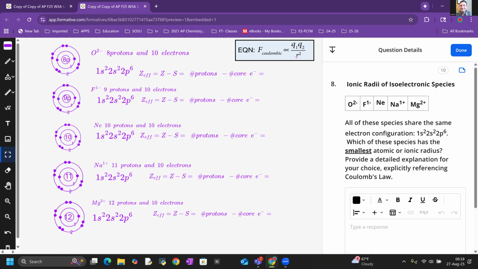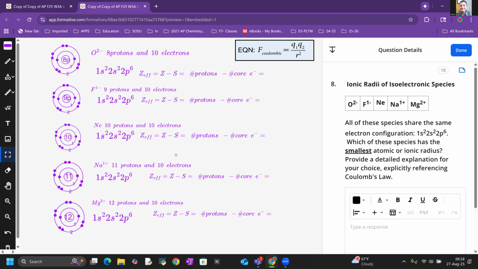Right now we're saying all of these are the same size. And you just have to excuse that I didn't draw them to scale, but they were all the same size. They all have the same number of energy levels, and they all have the same number of electrons.